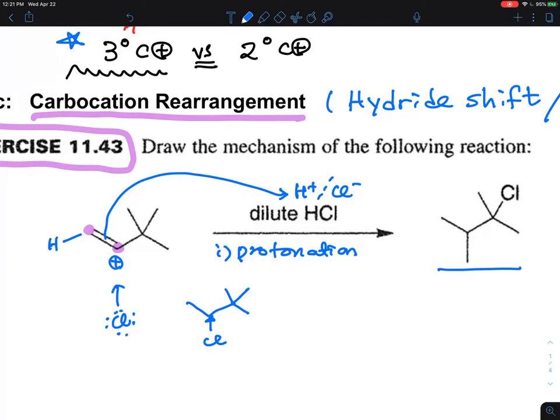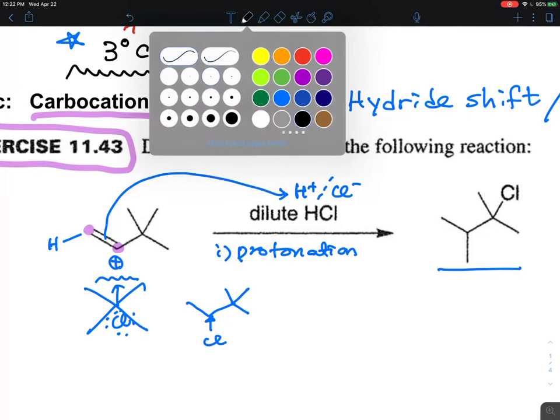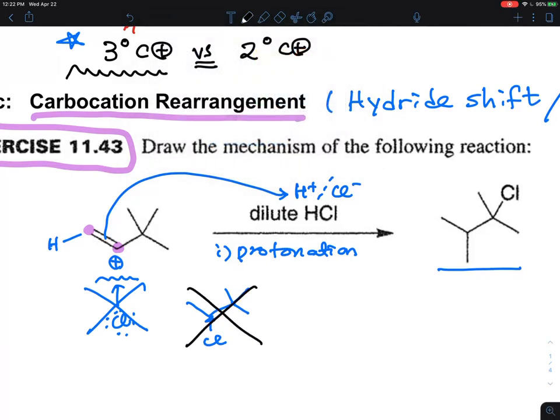But do you see that? The answer is no. So there is some other process once they develop the carbocation. Before they do this, they are going to undergo what is called carbocation rearrangement.